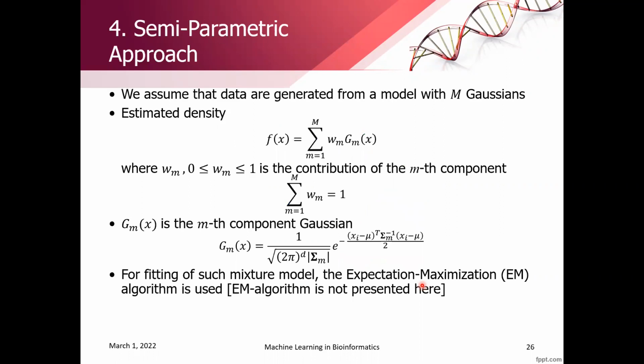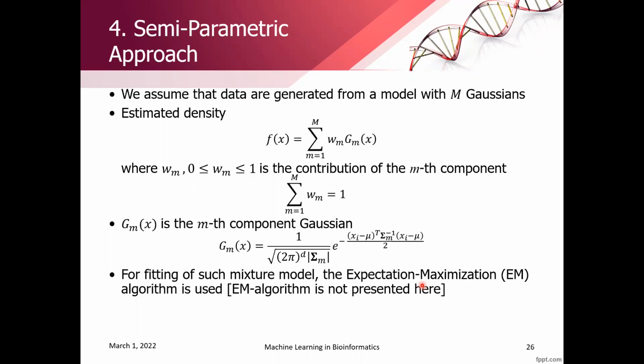Semi-parametric approach is the fourth class of methods. We assume that the data are generated from some models, for example, with M Gaussians. Why is it semi-parametric? Semi-parametric is in the sense that for the regions we use parametric models, while the number of regions is not important and must be found from data.